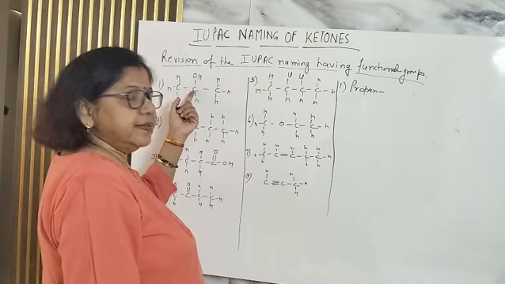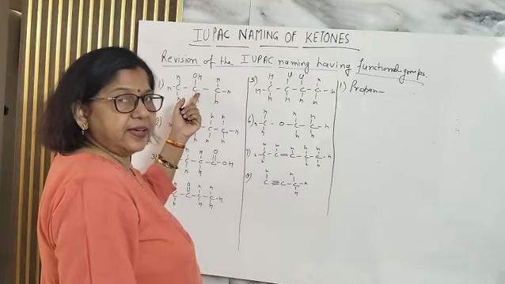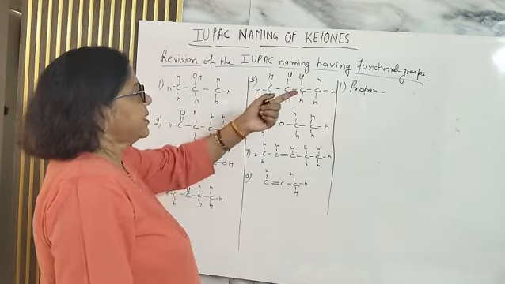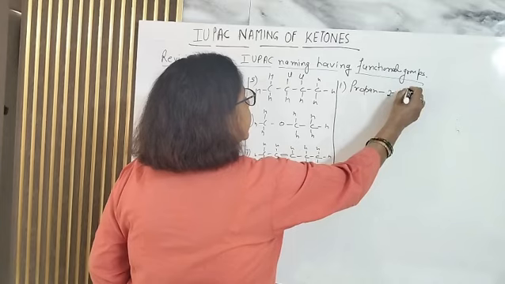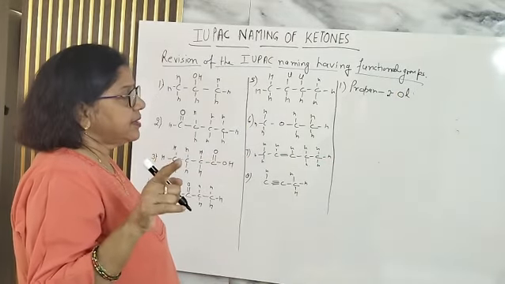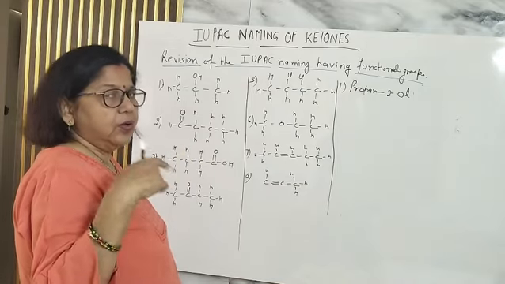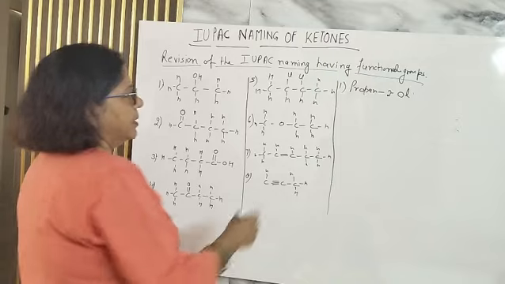But if it is on any carbon other than the corner carbon atom, then you have to specify its position. What shall I write now? Propan-2-ol. Propan-2-ol means the 3 carbons are there, on the second carbon the OH group is there. Everything is clear by the name.